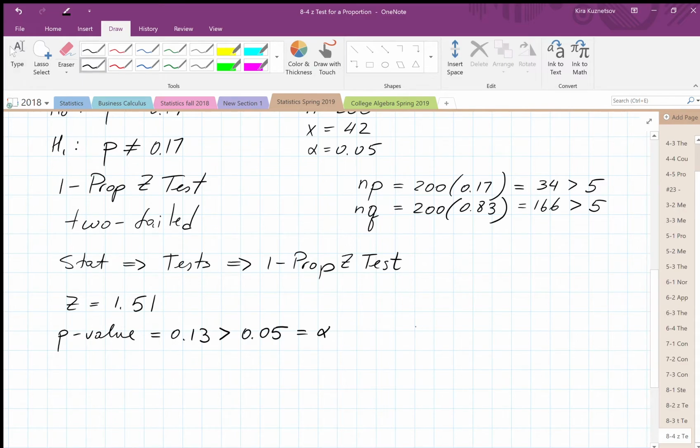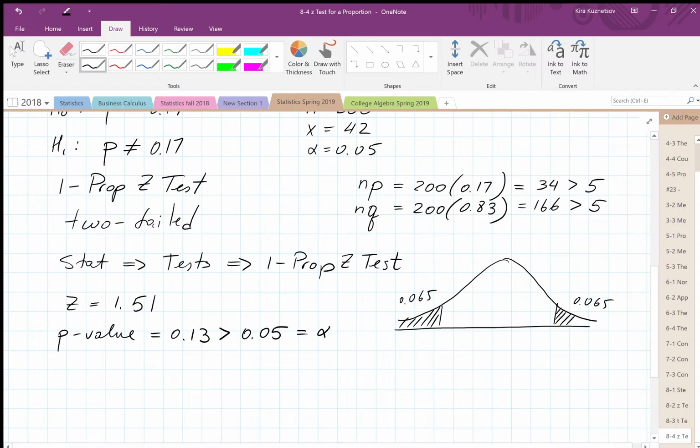If you're going to draw this as a picture, this is a two-tailed test, so that 13% is split up into two tails of about 6.5% on each side. That's the picture.